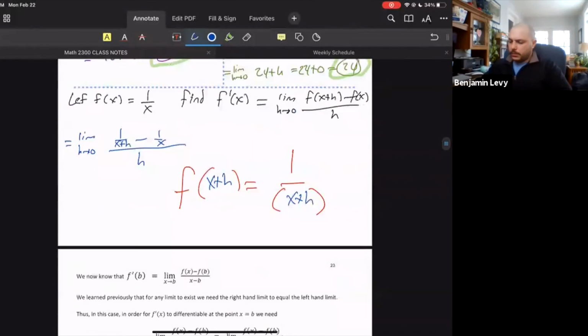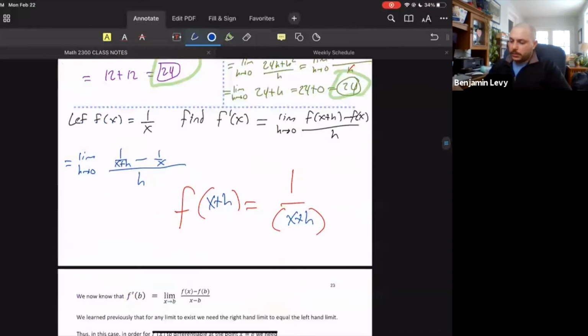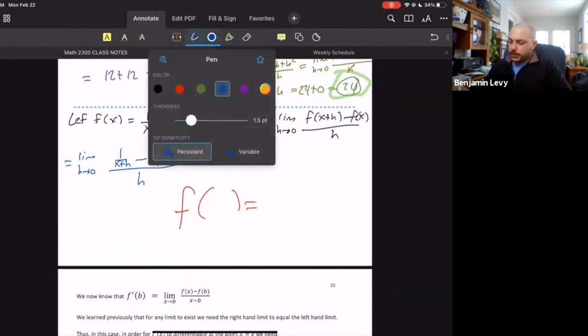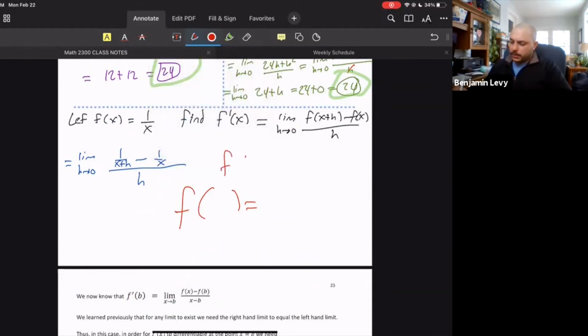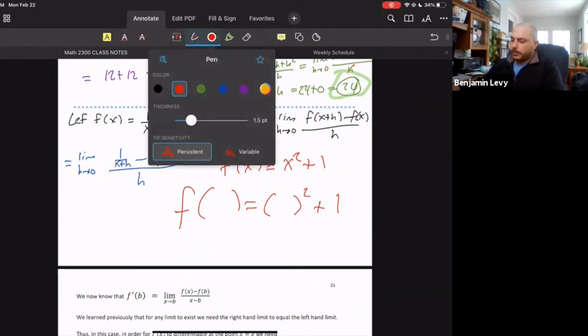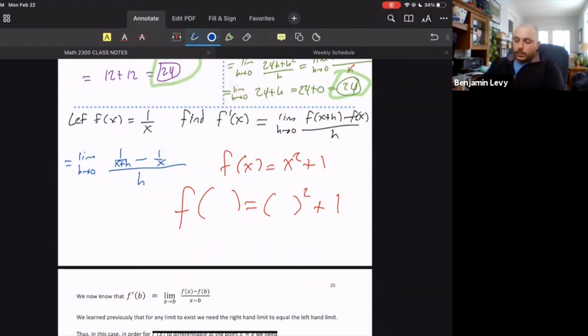Yeah, on the one before, let me do it here again. We had a different function, but it was the same idea. Our f of x was x squared plus 1. So let me write f of blank again. Is that okay? We can plug a number in there. We plugged 12 in there, for example. That was f of 12, that's why it looked like that.